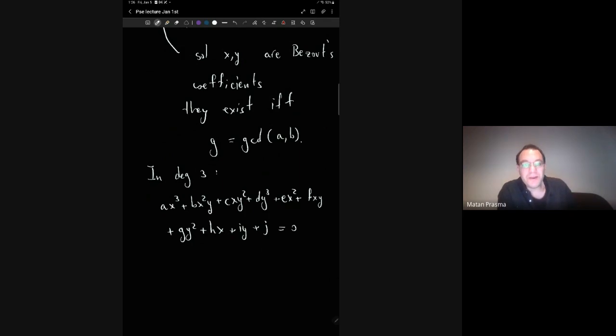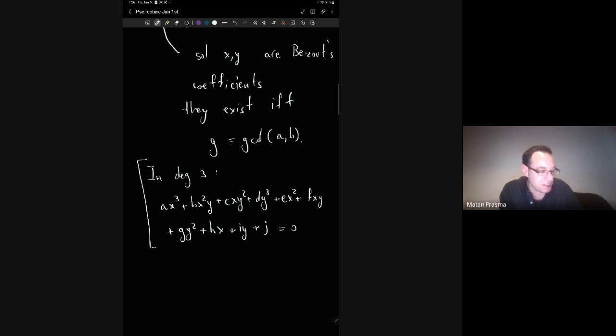And here the complexity is much more significant than in degree 1 and 2. Diophantus started to study this, but this was the place where he kind of got stuck.